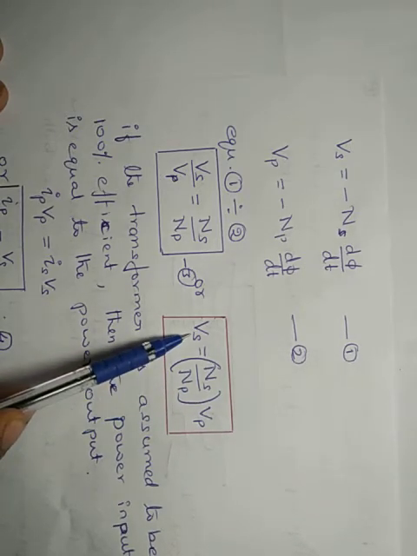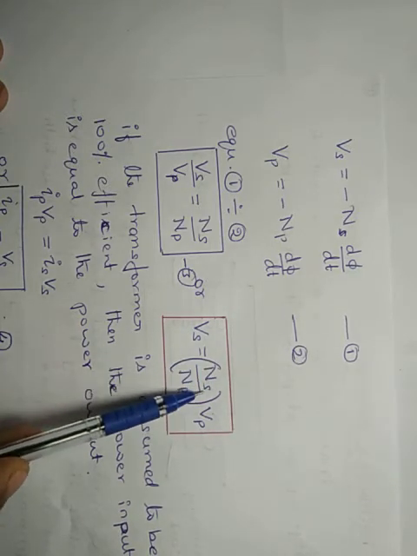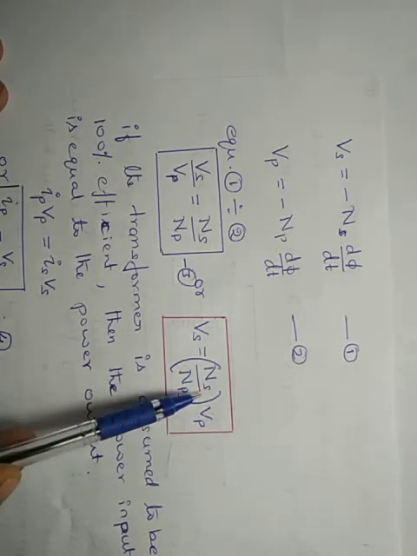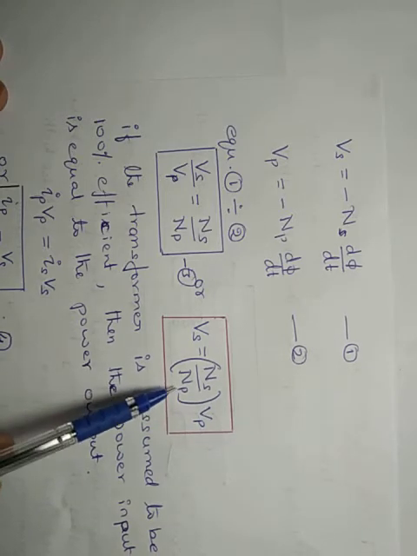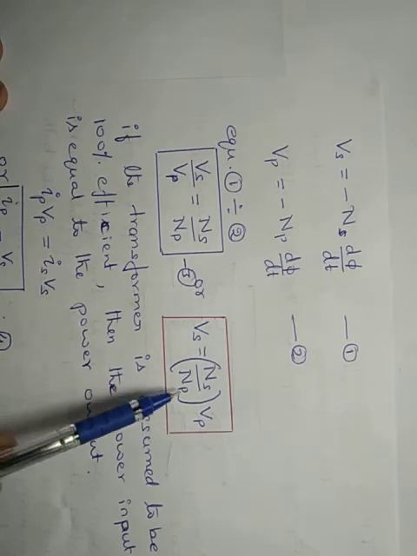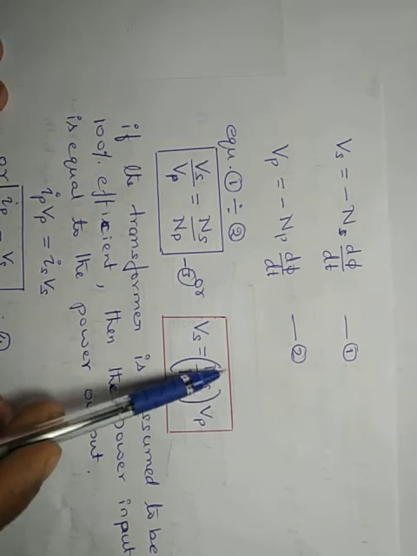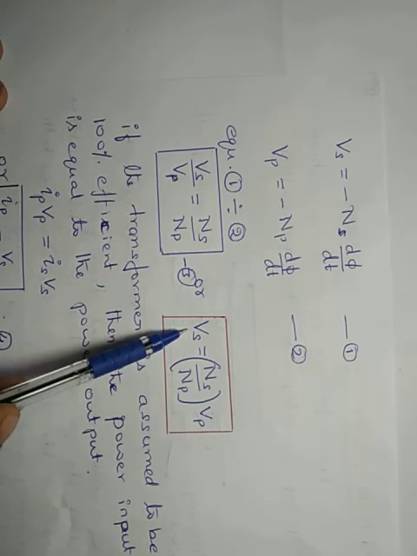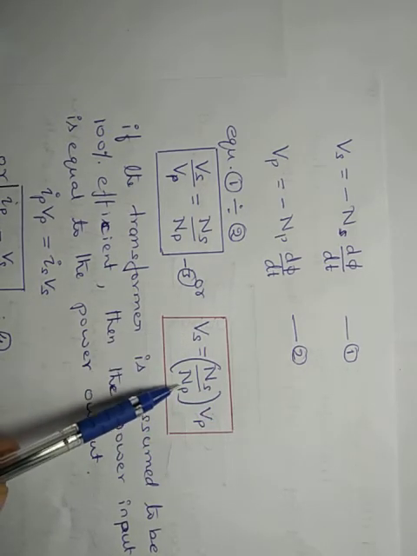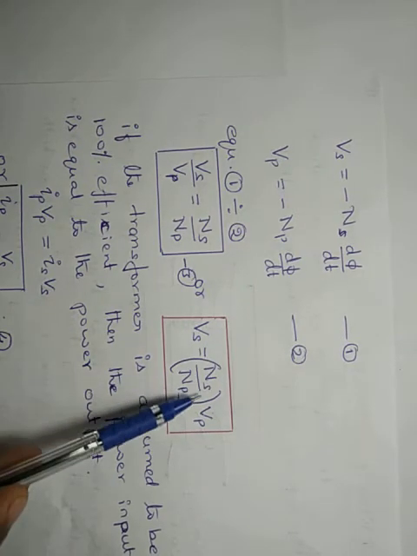If you want more voltage, we need more turns in the secondary with respect to the primary. The number of turns in the primary coil must be less and the number of turns in the secondary must be more, so the total value becomes more. When the denominator is less with respect to the numerator, the value will be more.